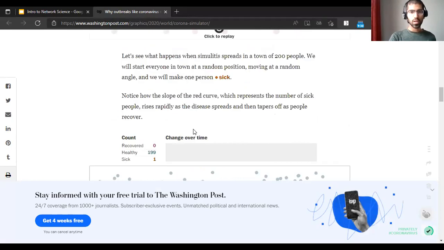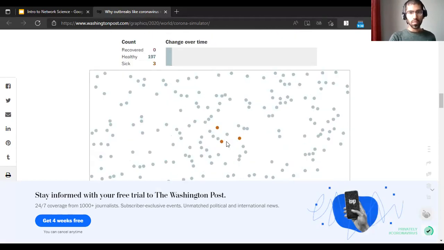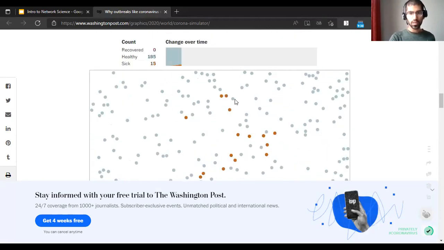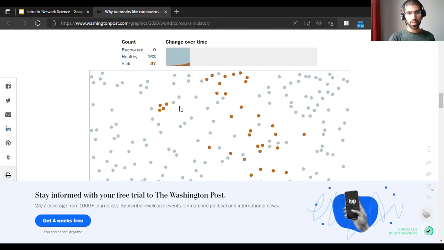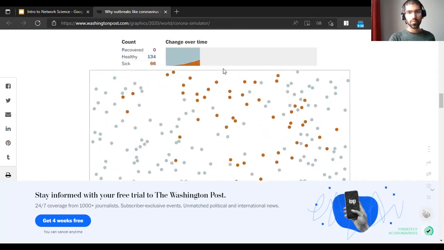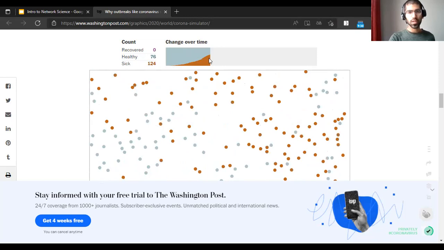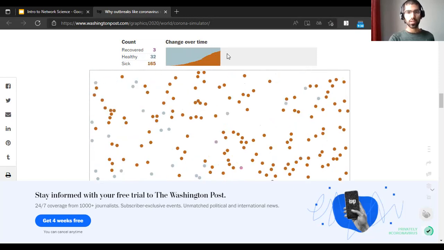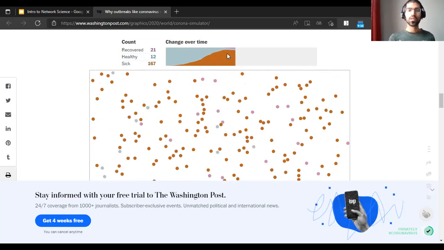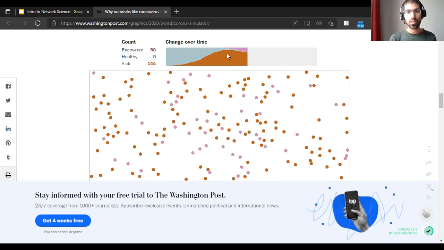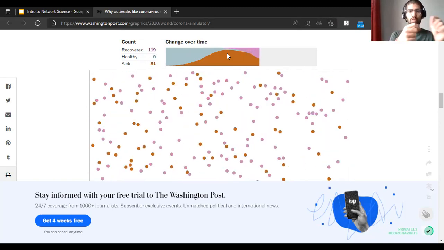Now, here you see you have a few people that are infected. They keep on contacting other people, and over time, very rapidly, you see that a lot of people are becoming infected.